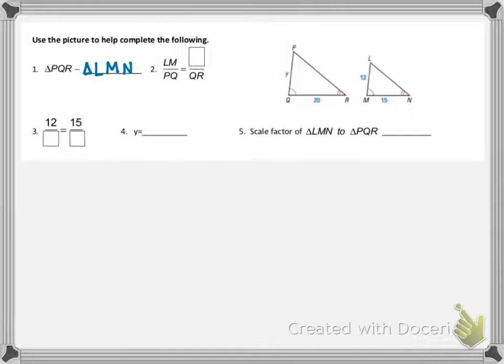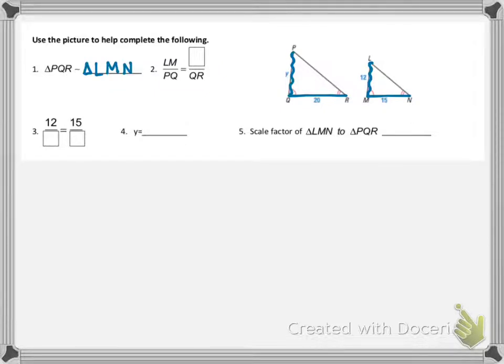Alright, so they're going to tell me that LM, this part right here, over PQ, this part right here, is equal to something over QR. So, over in the other triangle, what matches up with QR? MN over here.